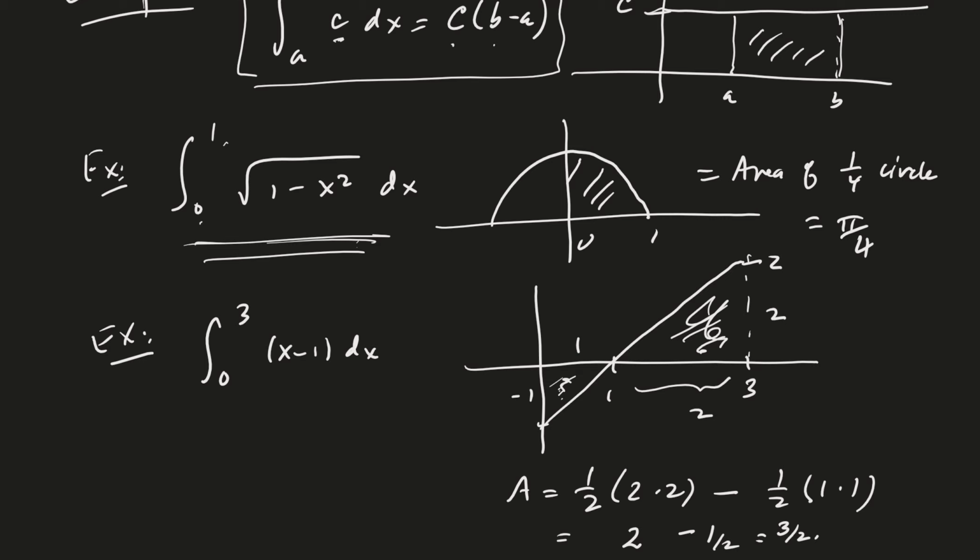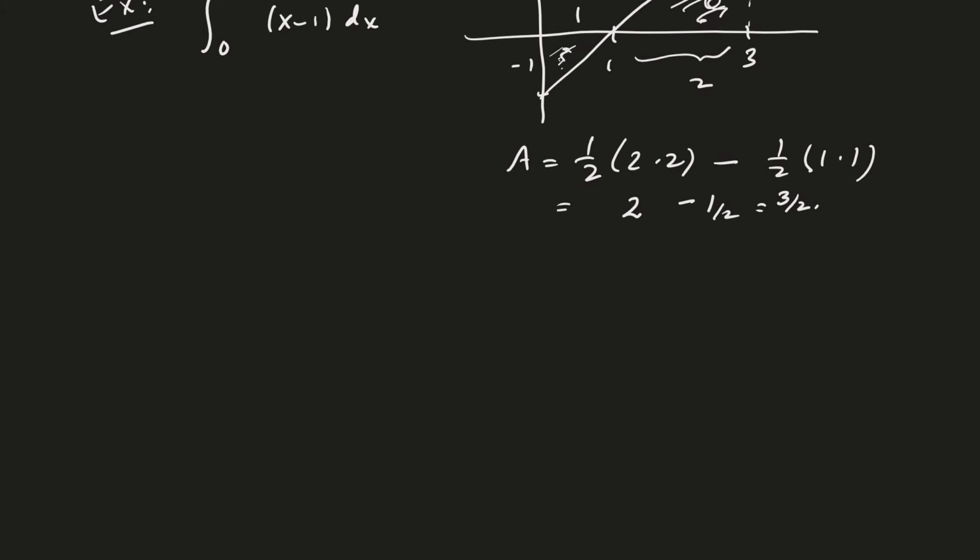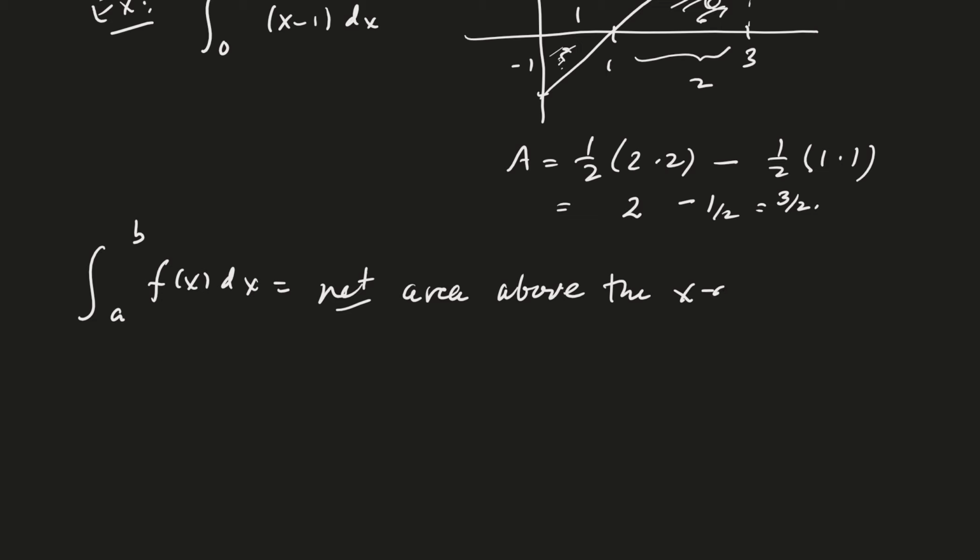Good. And so what I'm trying to get at, but I'm not really doing a good job at it, is that the integral from a to b of f of x dx is the net area above the x-axis. Okay.